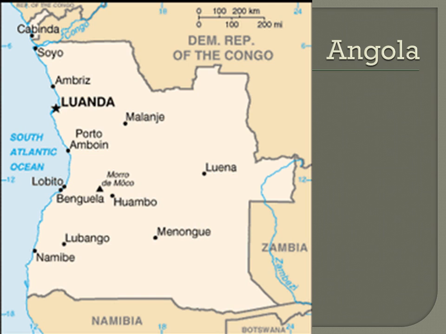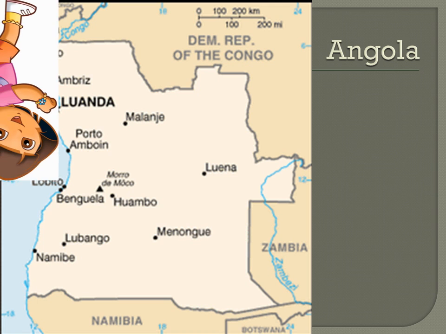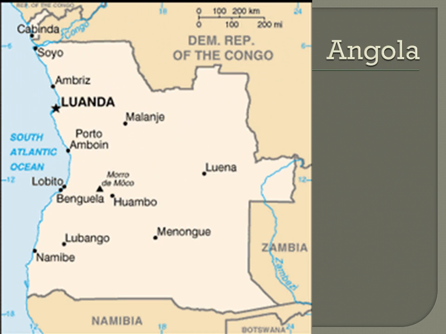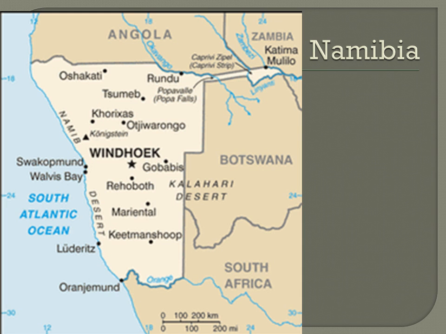Angola, another tricky one. What are we going to say about Angola? The Democratic Republic of the Congo and Angola are connected by their shapes and the answers here. So kind of tricky. Pay attention to the details.